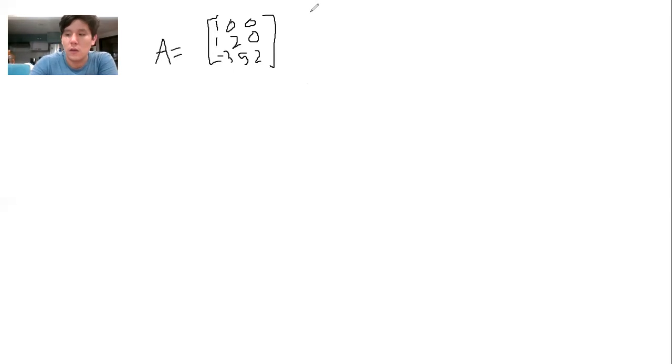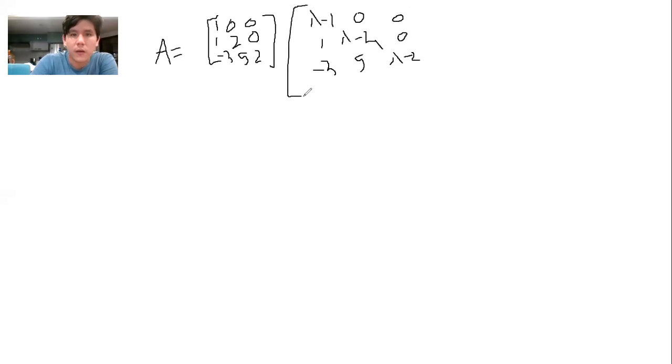So in this case, it will be lambda minus 1, lambda minus 2, and lambda minus 2. So you can get an idea, just ignore this. So it will be if I put 1, minus 3, 5. I'm just not filling the whole matrix, so you can have an idea. We'll put it complete this time.